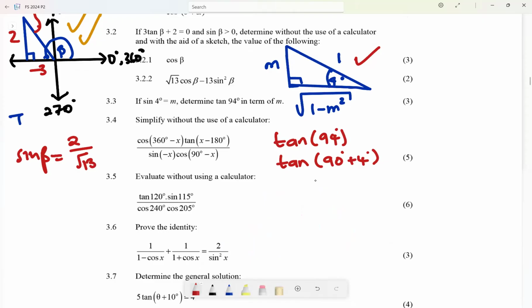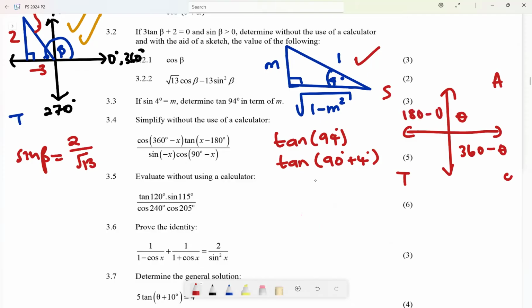Then if I do that, remember now I have to draw my Cartesian plane. Remember my Cartesian plane says to me, on sine, let me do this CAST. This is the full diagram that you should know. This one is 360 minus theta. This one is just theta, or 360 plus theta is still the same. This one is 180 minus theta.